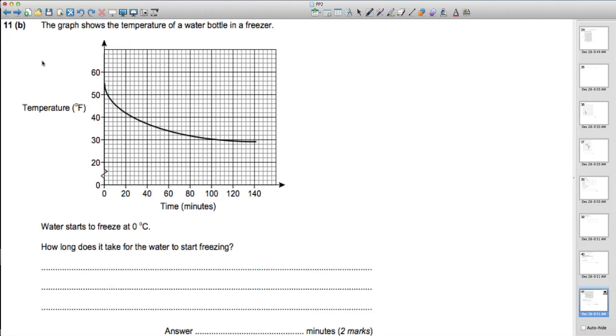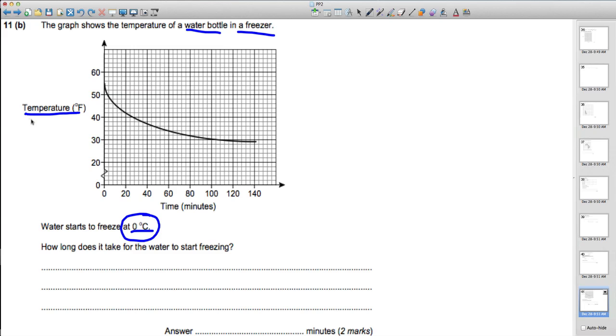11 part B. The graph shows the temperature of a water bottle in a freezer. It starts off at about 55, and it goes down to just under 30, and it takes 140 minutes to do that. Water starts to freeze at 0 degrees Celsius. How long does it take for the water to start freezing? Well, water freezes at 0 degrees Celsius.